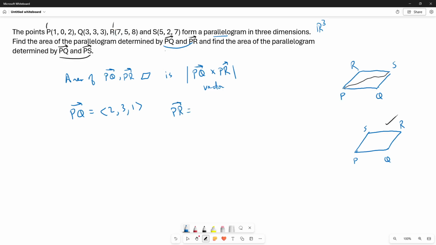Take the coordinates of R and subtract those of P. 7 minus 1, 5 minus 0, 8 minus 2. So 6, 5, 6 is PR.